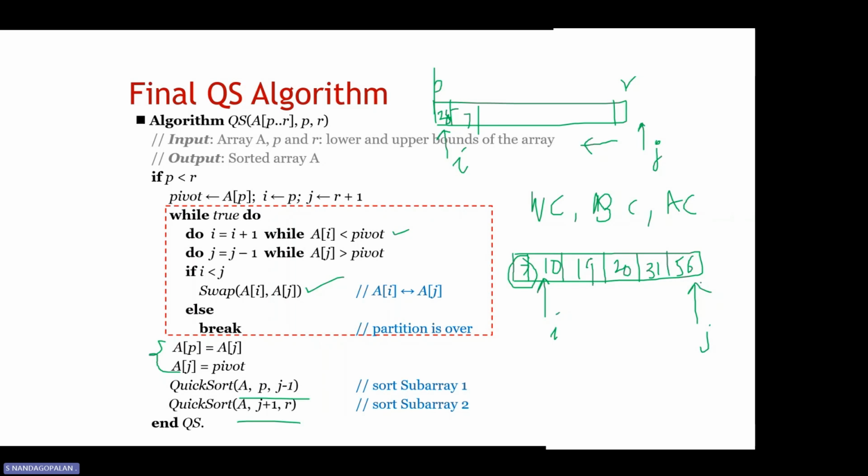J, on the other hand, 56 is greater, so false. I is not less than J, and hence no swapping, but swap between the element pointed by J and the pivot. It's both the same, so 7 remains there only.